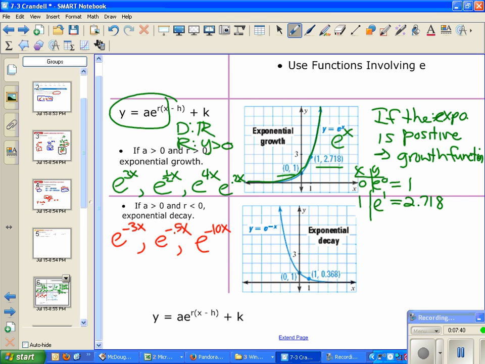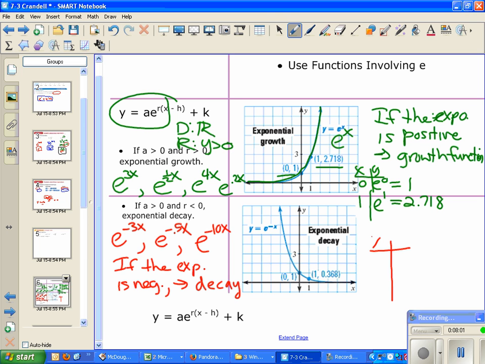The moral of the story here is if the exponent is negative, then it is a decay function, just like you learned about yesterday. And how you graph that is the same idea.